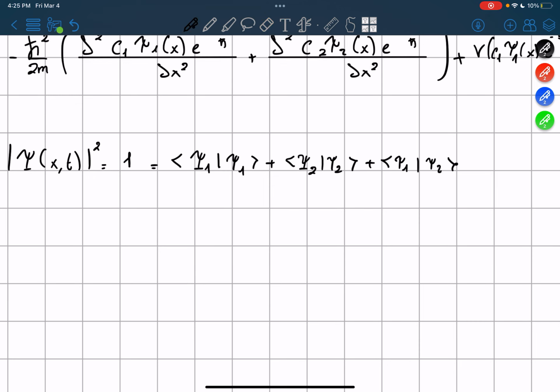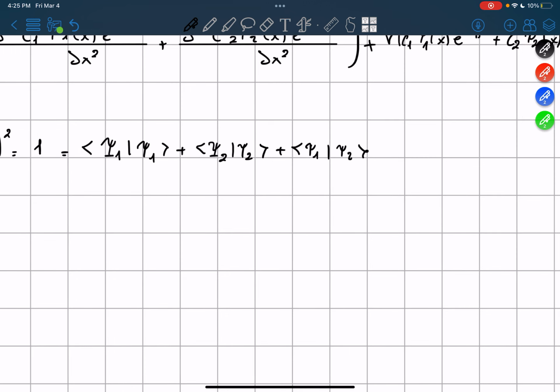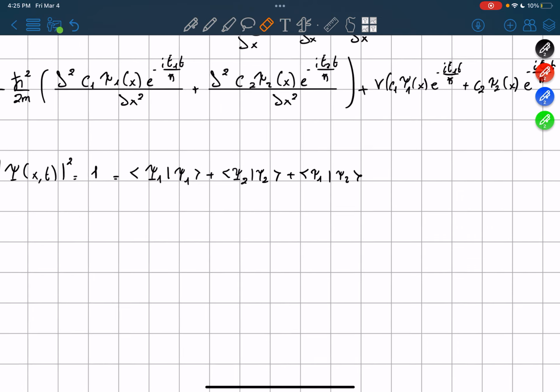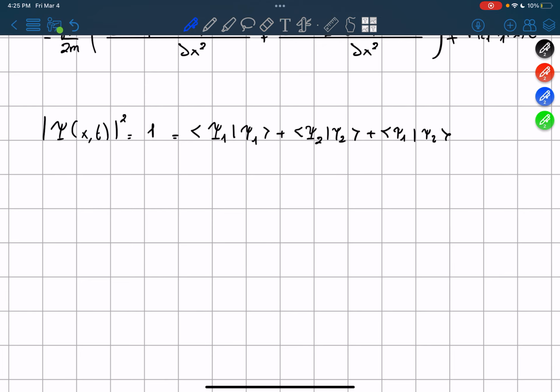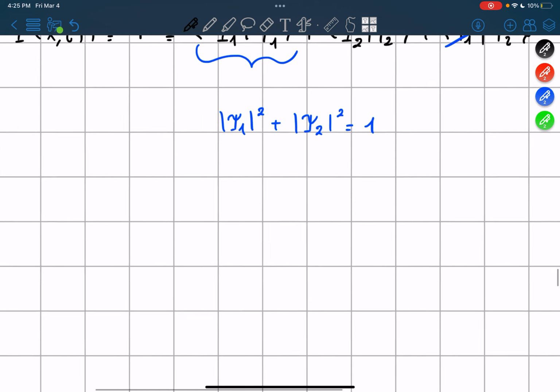We can say the cross terms are 0 because they are different, and then we get psi 1 squared plus psi 2 squared, capital psi of course, has to be equal to 1. So what do we get?